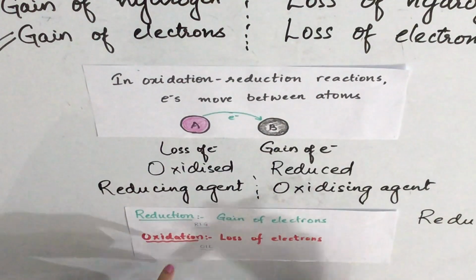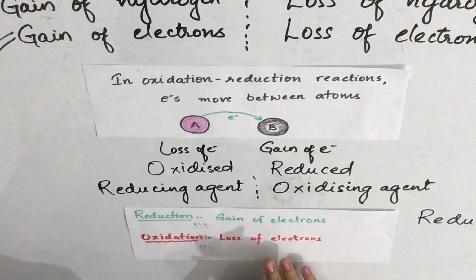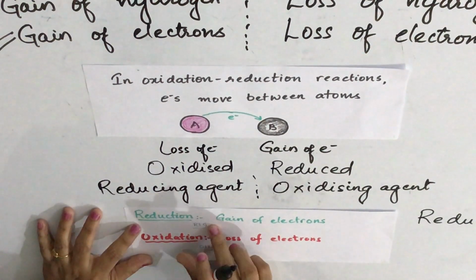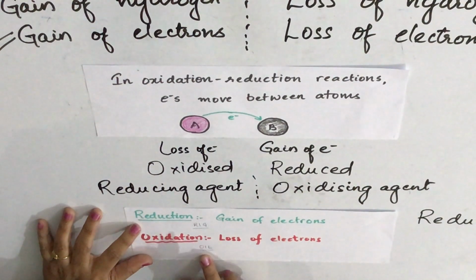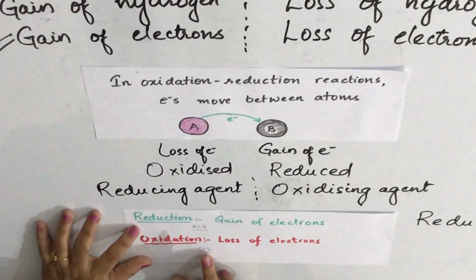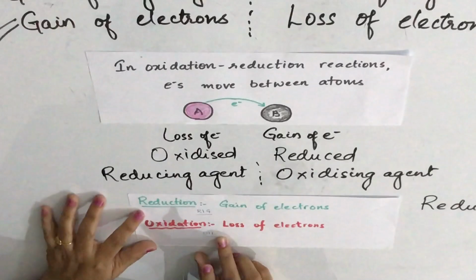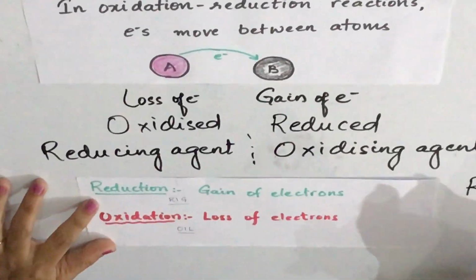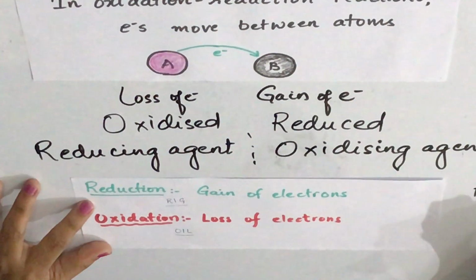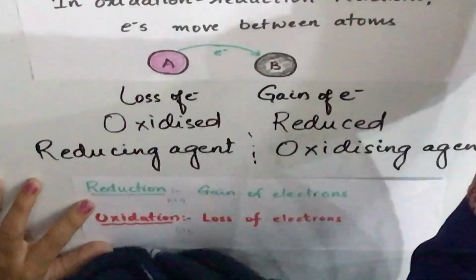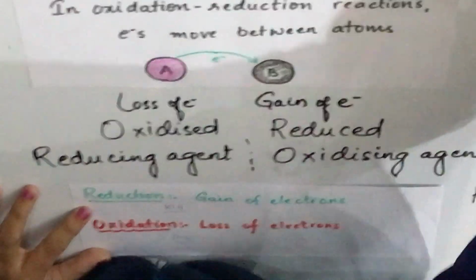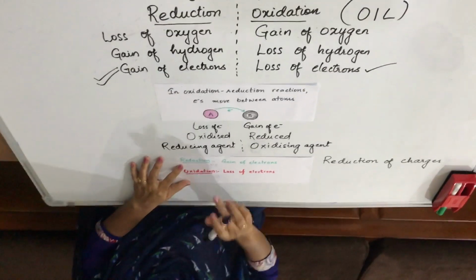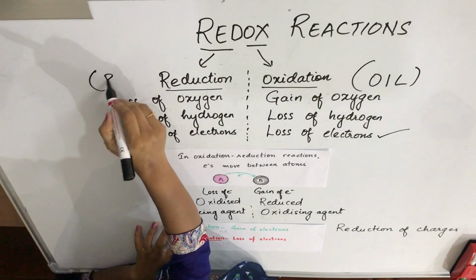For this, we have a simple acronym to remember. It's OIL RIG. Oxidation is loss. So we can say that it is OIL. So here we will write OIL. And the other one can be RIG.